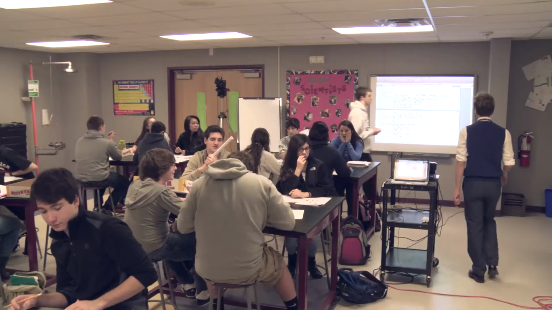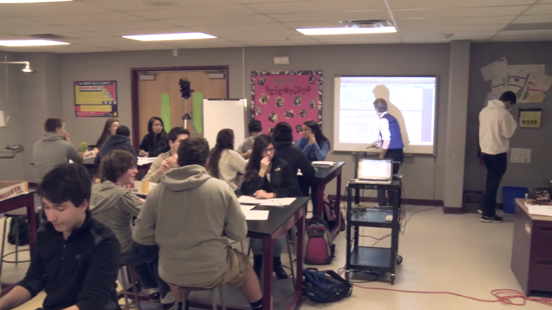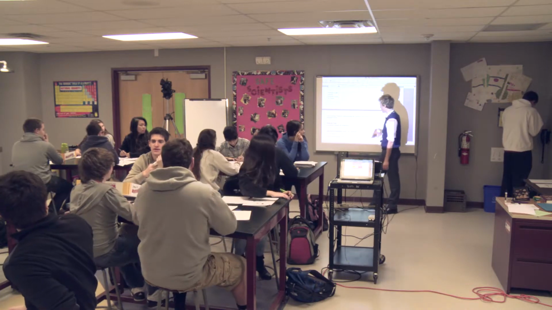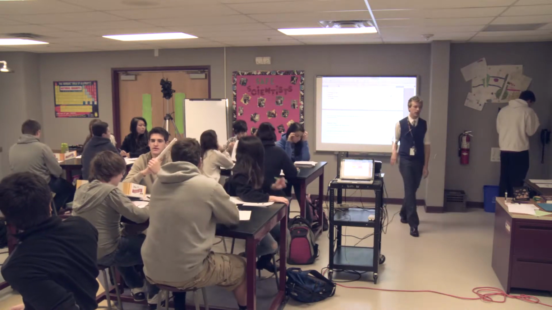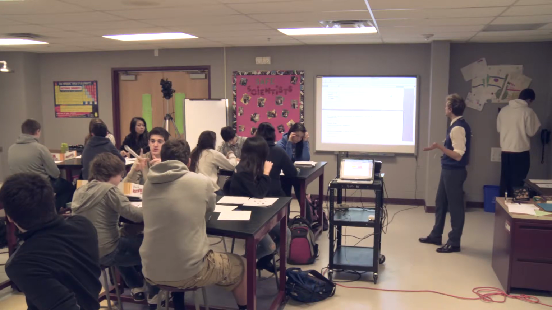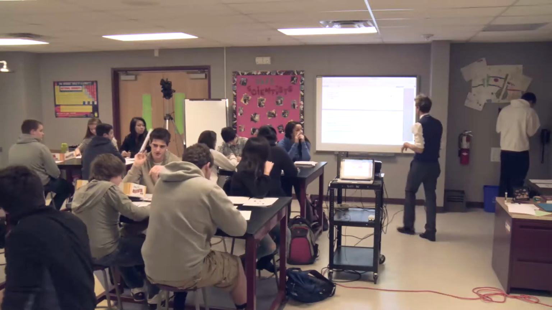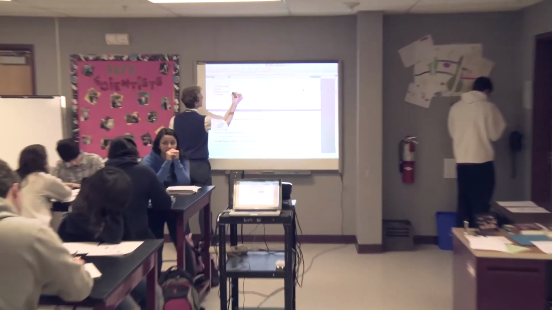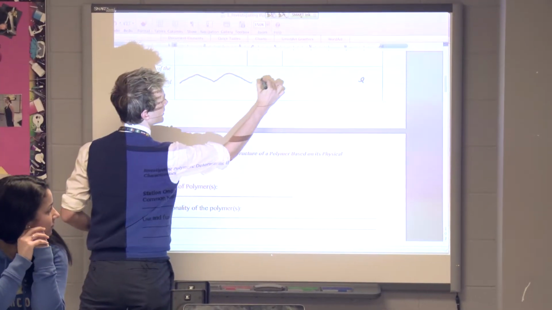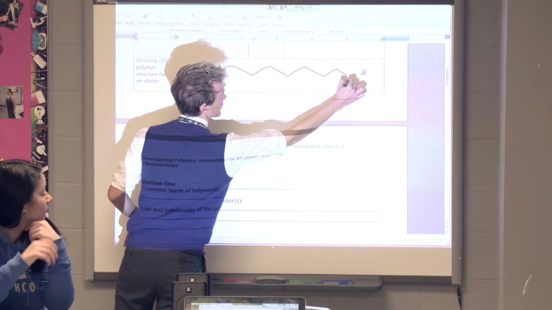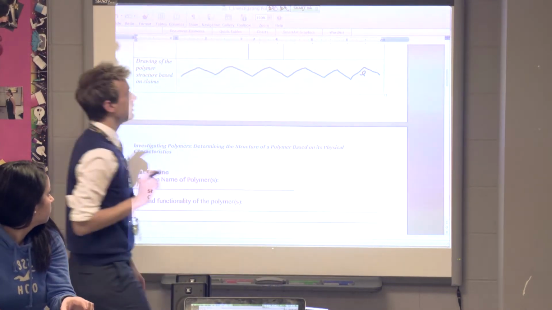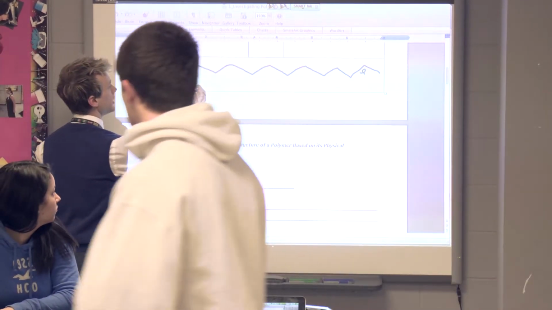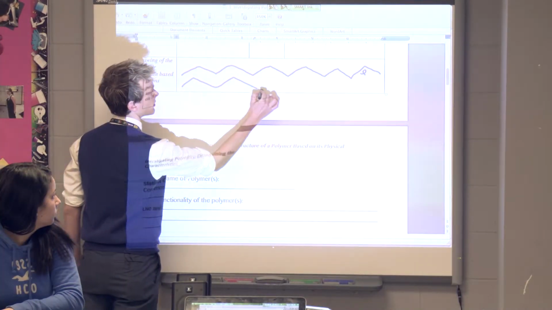Before you move on and test your polymers, we have to make our final claim about what the polymer looks like chemically based on what we said. Let's always start with the easiest one, the length of the chain. Do we have a long or short chain? Long. So let's draw a nice long hydrocarbon here. We're going to have to draw a couple because we need to show the bridges and the branches.